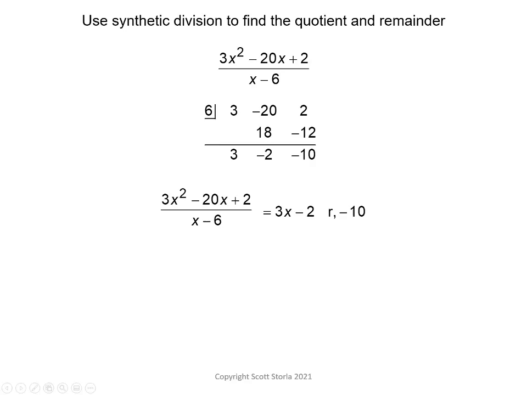Now, for those adventurous souls, you could start by saying I'm going to multiply x minus 6 to 3x minus 2 plus negative 10 over x minus 6.